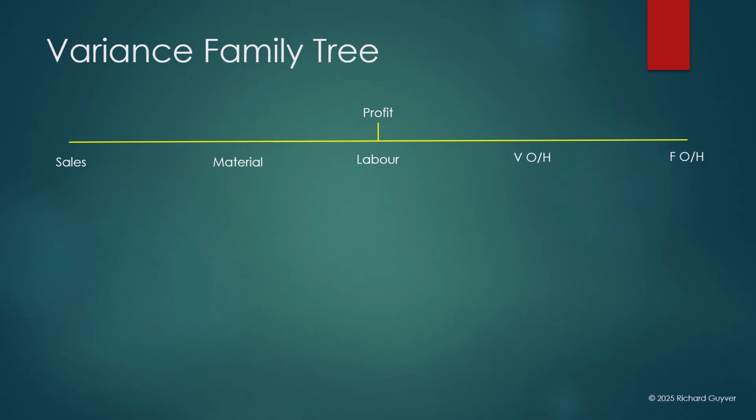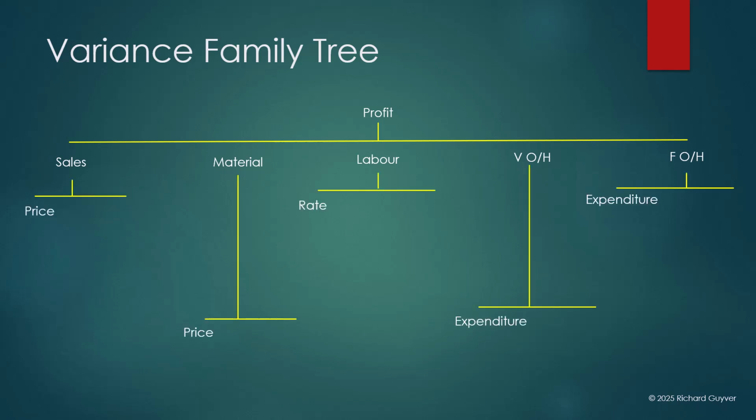Hopefully this has brought forward knowledge from the MA syllabus, and hopefully this is too. On each of these 5 elements, they all have an aspect that is related to price. You'll look on the left of each of these branches of the family tree. We've got sales price variance, material price variance, labour rate variance, variable overhead expenditure variance, fixed overhead expenditure variance. And these are the monetary elements, be it dollars, pounds, rupees.